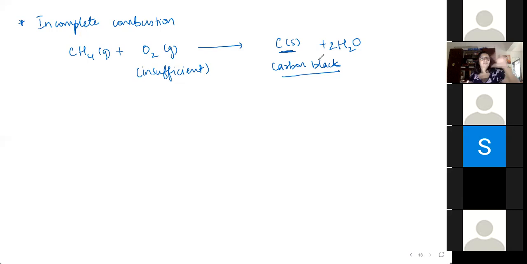The flame is also dark, because a black flame has little carbon particles, and that carbon is not converted to carbon dioxide because there is not enough oxygen. So basically, there's incomplete combustion.